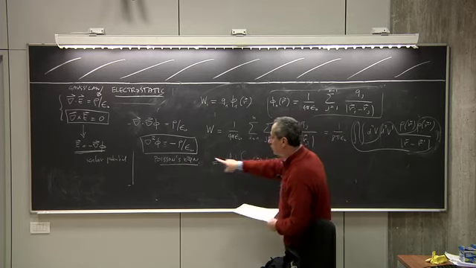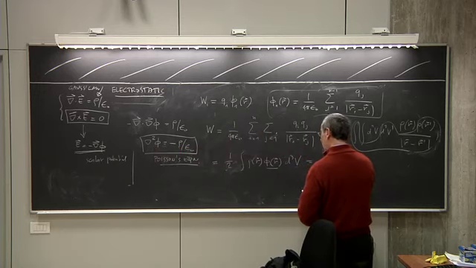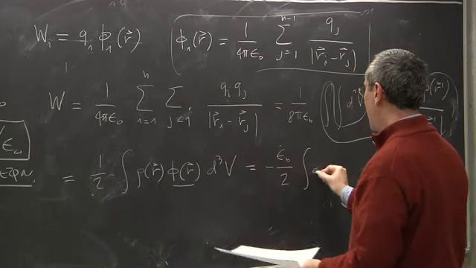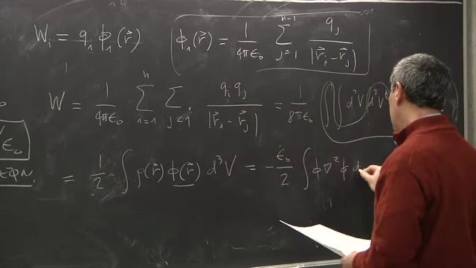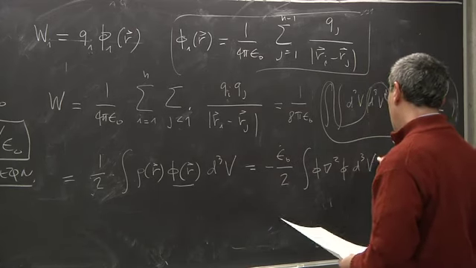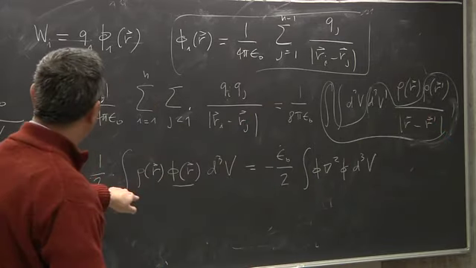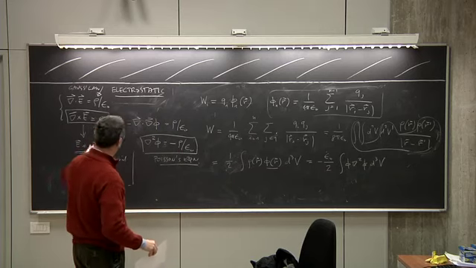this rho, I can rewrite using the Poisson equation, with a minus, so minus epsilon naught divided by 2, then this phi, and then the Poisson equation in this form. So I replace rho, the density of charge, by means of the Poisson equation, which is just a Maxwell equation.